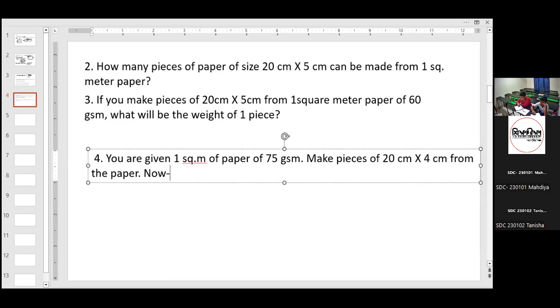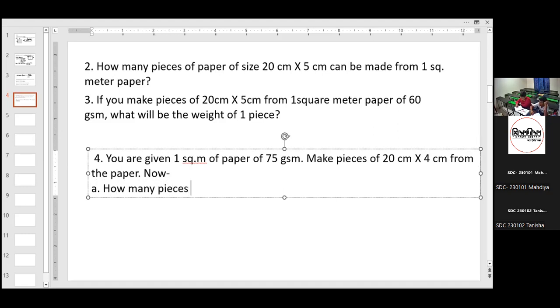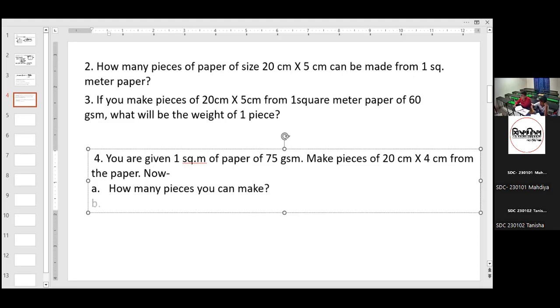Now, how many pieces can you make, right? Now you look at what is the weight of such pieces.